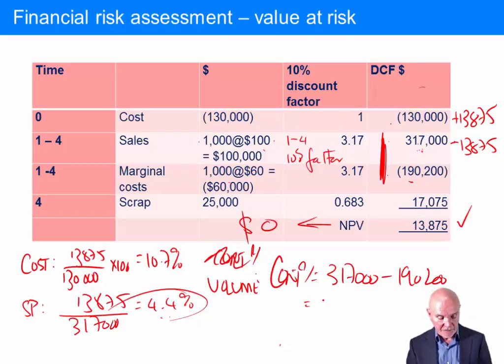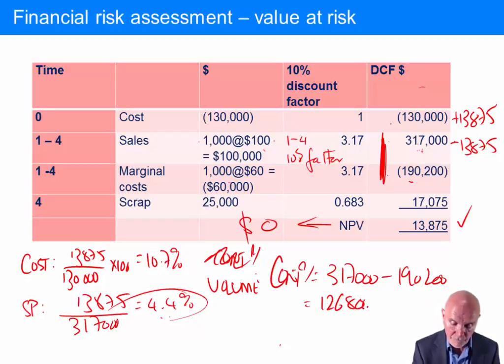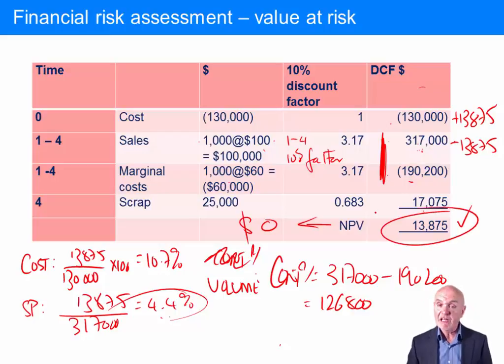so 317,000, 126,800. And if the contribution were to fall by 13,875, again we'd be in some trouble.